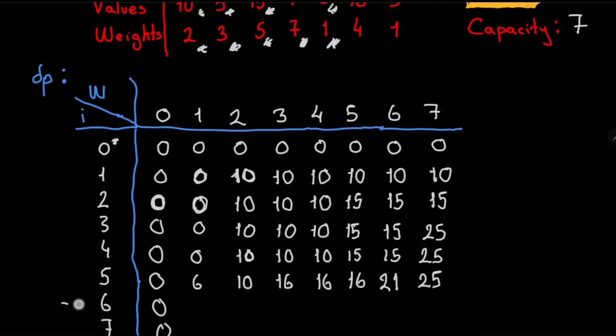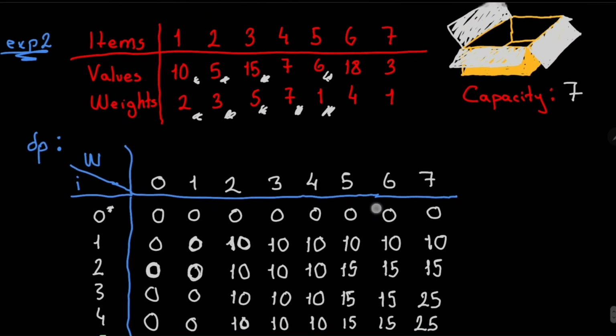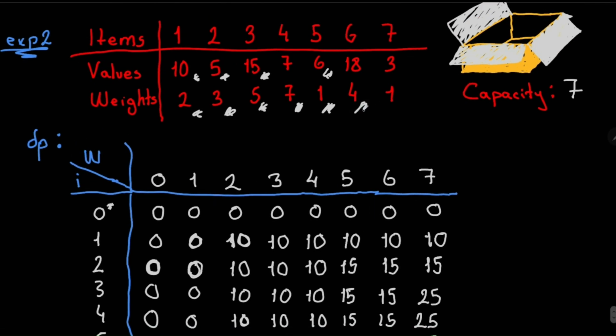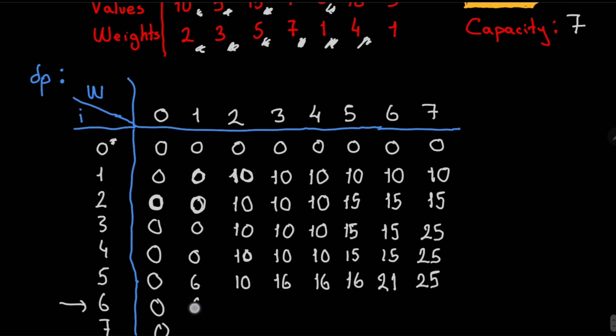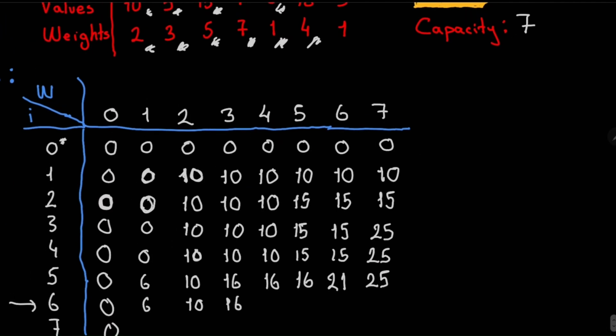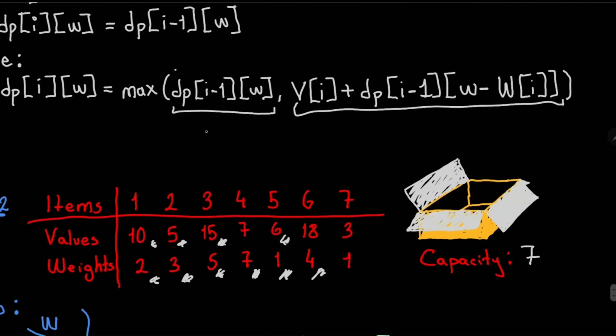The next item, which is 6, it has the weight of 4. So again, I am doing the same things until the threshold. The previous row is 16 in this case. And its value is 18, dp[5], and 4 minus 4 is 0.